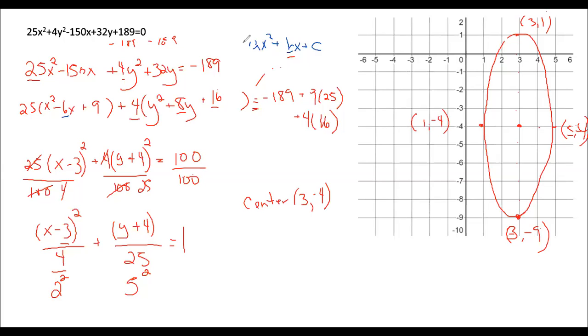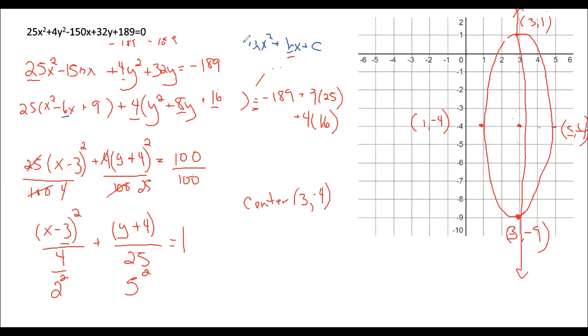So you can see we've done the same thing. If you like the formulas, we've added for our major vertices. We had a larger number under our y, so we added 5 and subtracted 5 from our center y value to get there. And now our foci is going to be along this vertical line, this axis here.